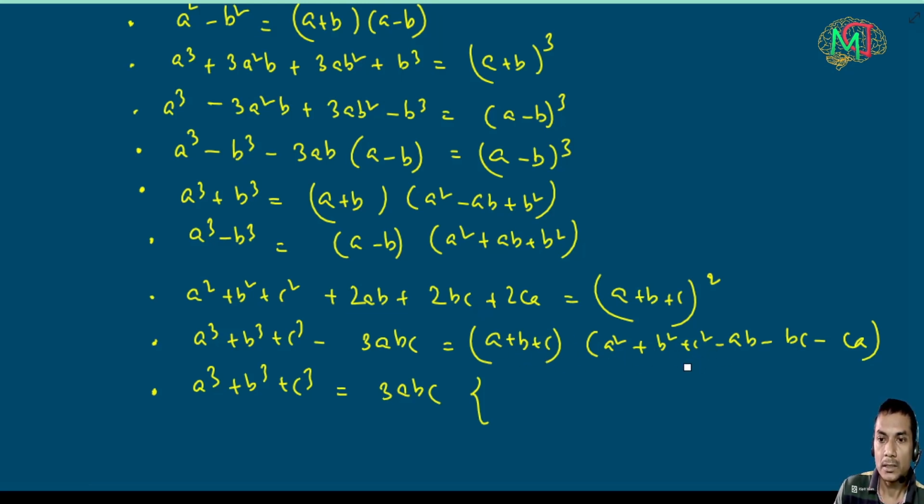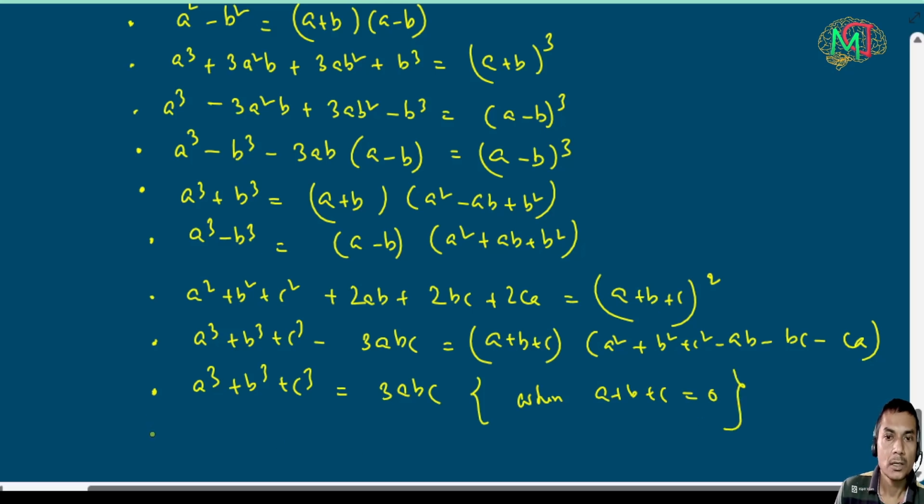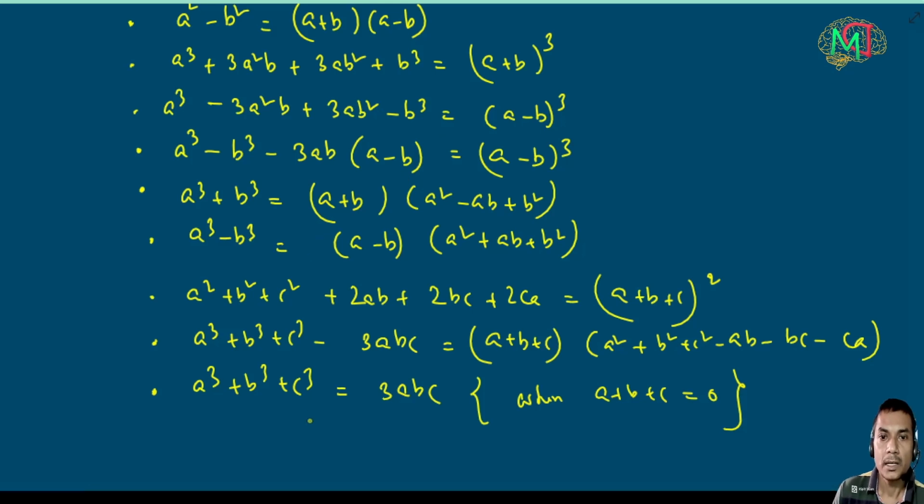The entire value will be 0. Clear? So we get this value when a plus b plus c is equal to 0. Clear? So most of the algebraic identities are covered here.